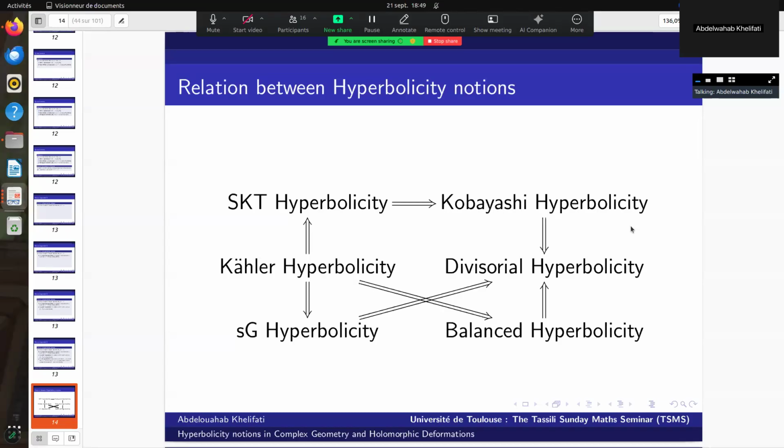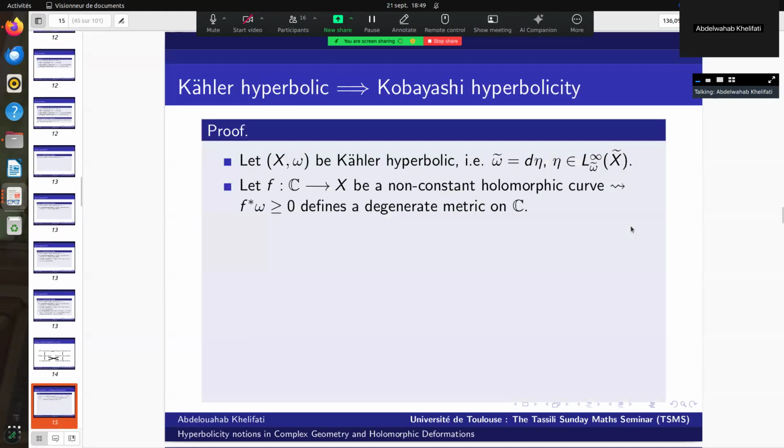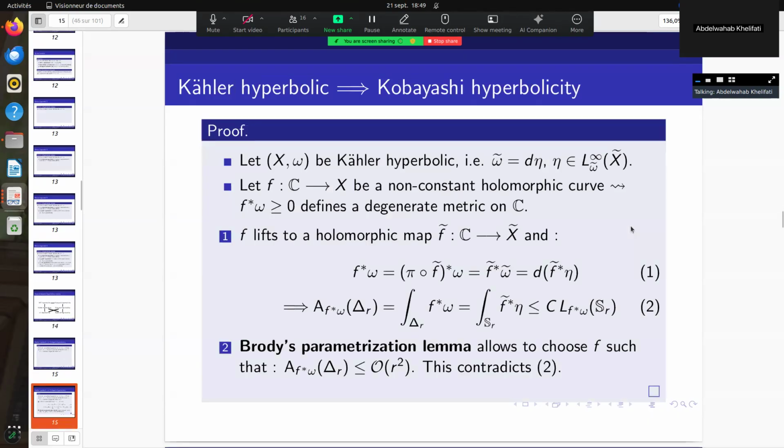I think I took too much time for the first part, so I will leave you with a taste of the proof of the fact that Kähler hyperbolic implies Kobayashi hyperbolic. It is proved by contradiction. You have a holomorphic non-constant map, so as I said, the pullback defines a metric. You lift it to the universal cover, and you have the following property.